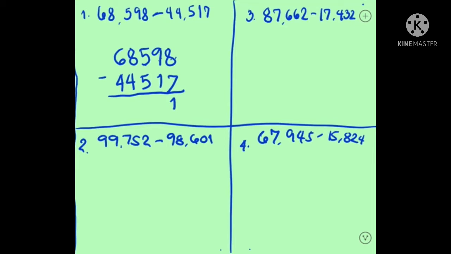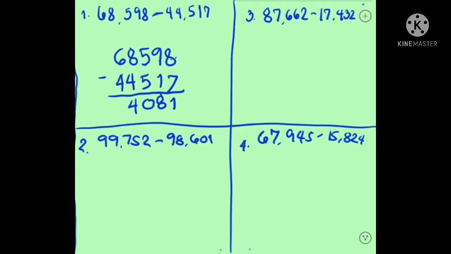9 minus 1. 9 minus 1 is? Yeah, that is 8. 5 minus 5. Again, if they're the same, our answer is always 0. 8 minus 4. 8 minus 4 is 4.